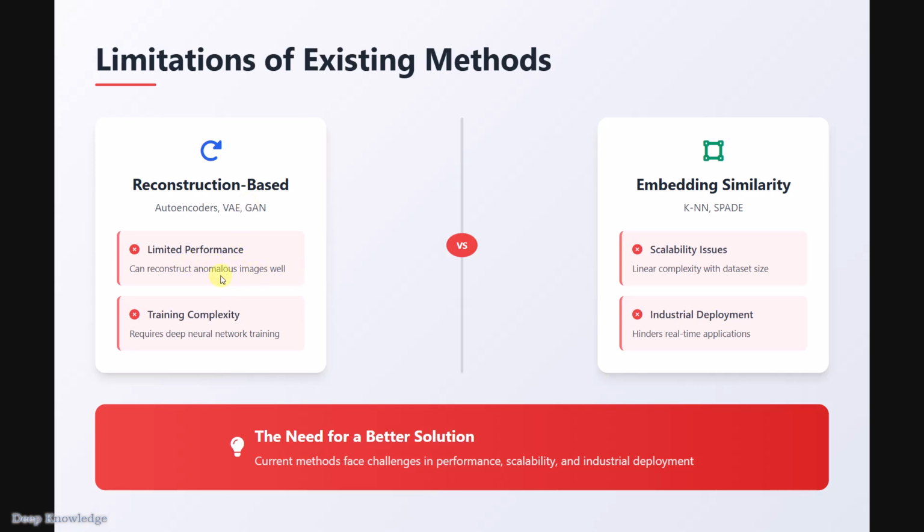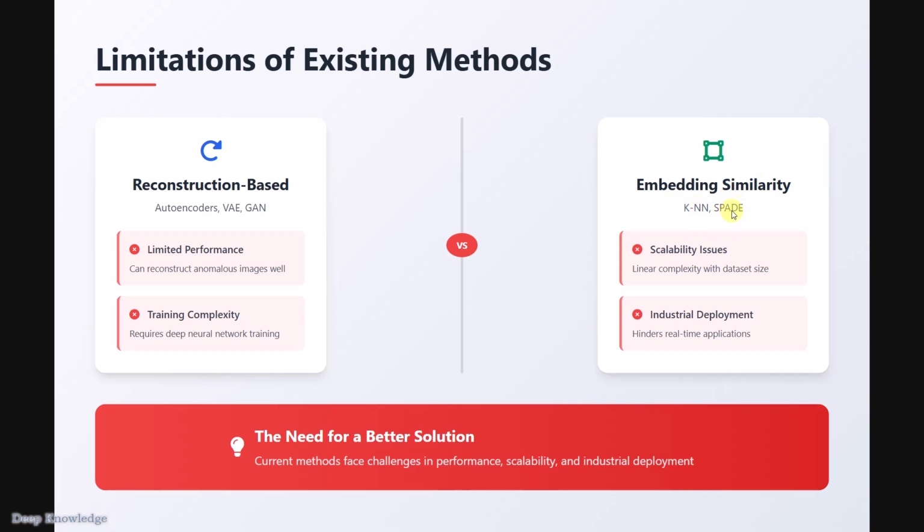The second problem that I have faced was generalization. When you try to reconstruct the defective images, it will see this is fine. That's why the autoencoder is a generalized method.